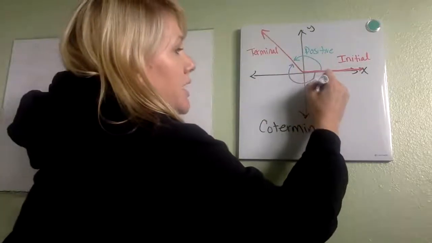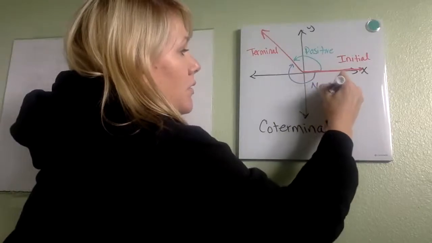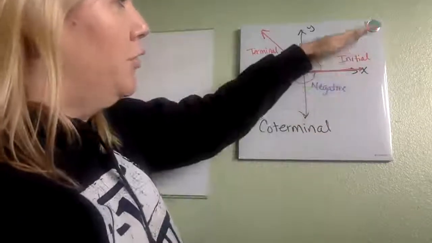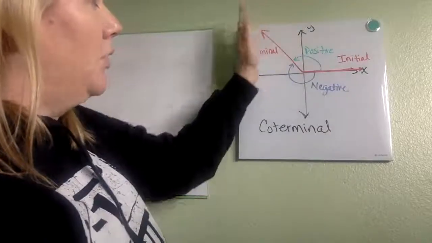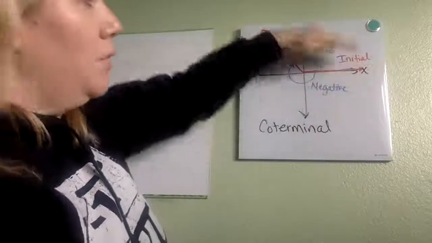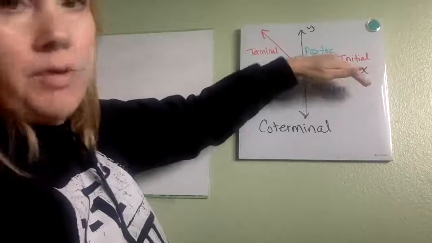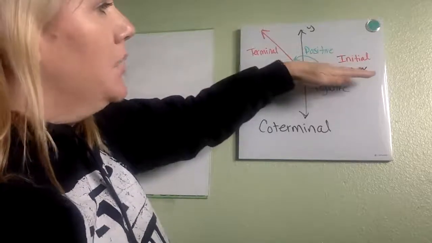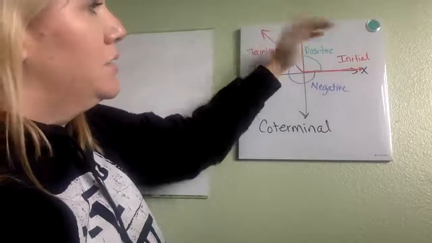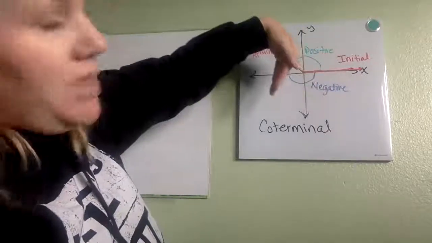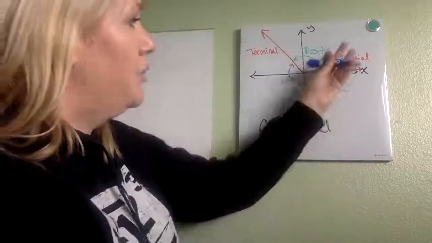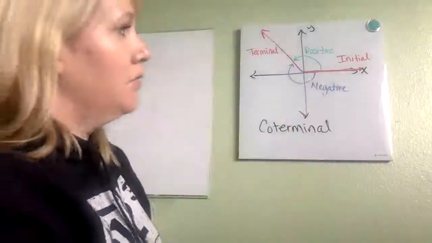This would be considered a negative angle. So positive always opens through the first quadrant. So it goes quadrant 1, quadrant 2, quadrant 3, quadrant 4. If it went all the way around, it would create 360 degrees and land back where it started. So a positive angle opens in this direction. A negative angle opens in the other direction, so backwards. If it opens down, that's negative.